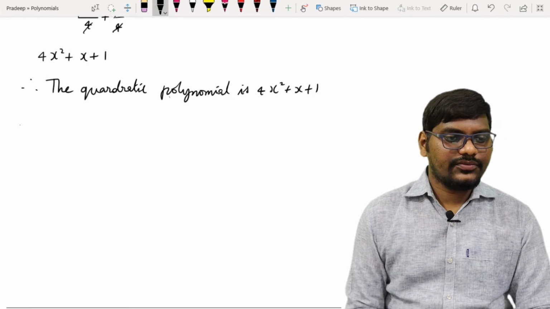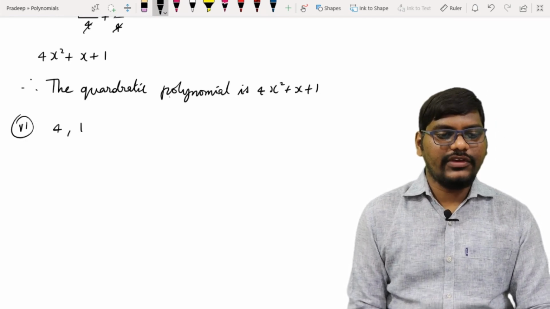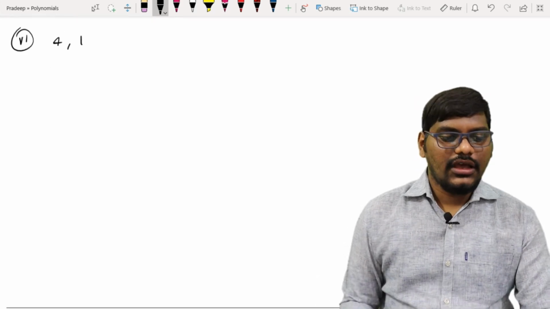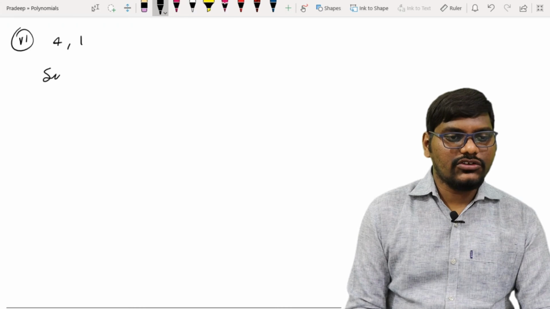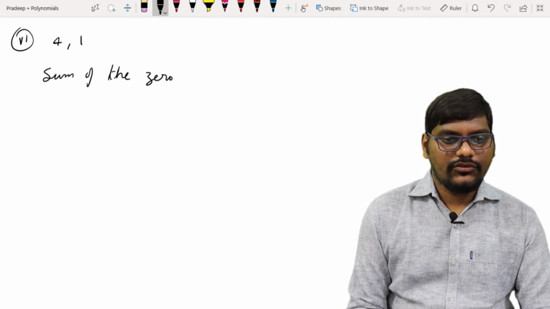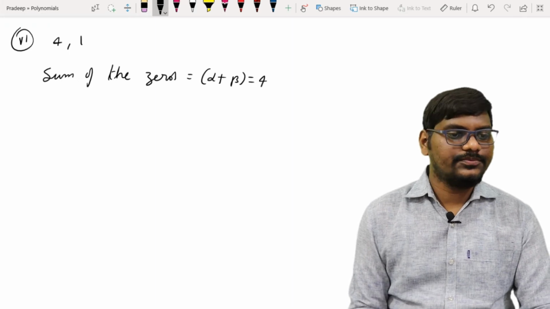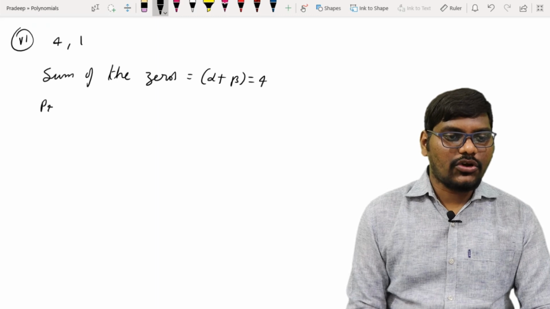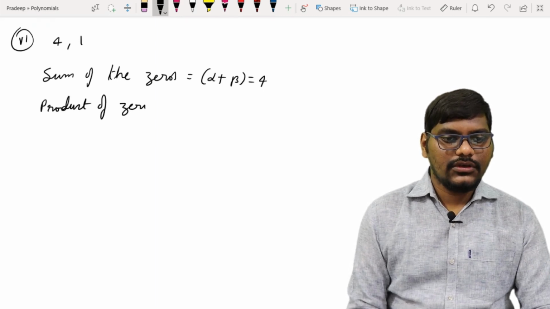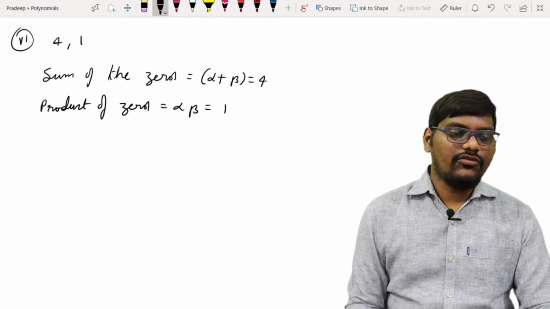So the next one, that is the sixth one, the values were 4 and 1. So we'll just do this. I can write sum of the zeros equal to alpha plus beta, which is 4. Okay, and product of zeros, that is nothing but alpha beta, which is 1.